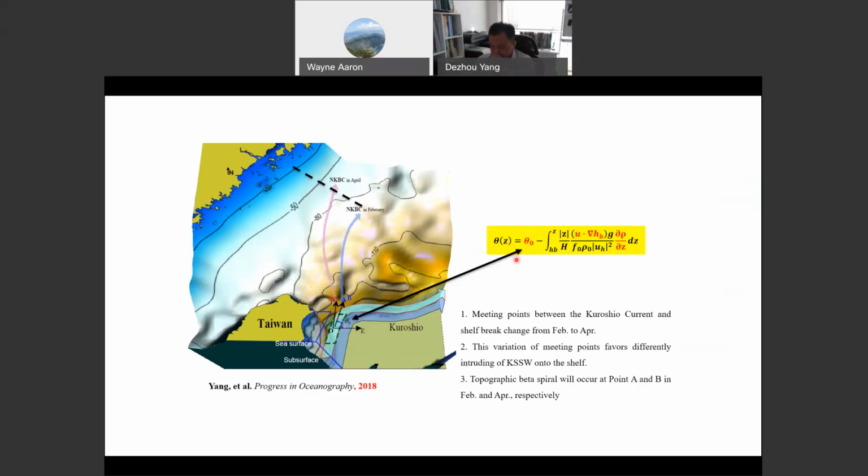According to our equation, the theta 0 is different in summer and in winter. If this term is different, there is a different stratification and a different meeting point, and so it will induce a different nearshore branch current.